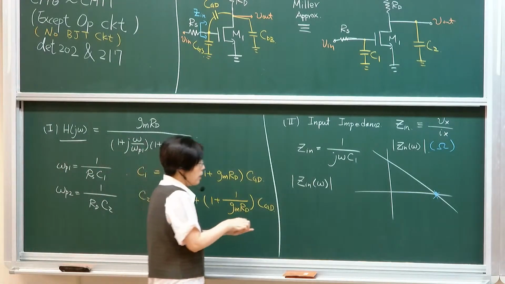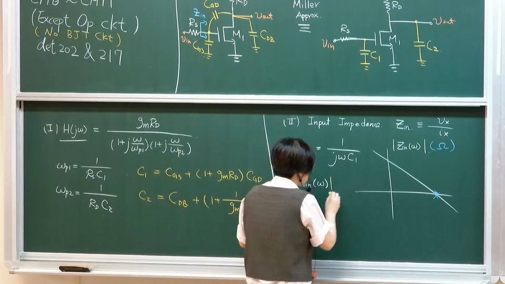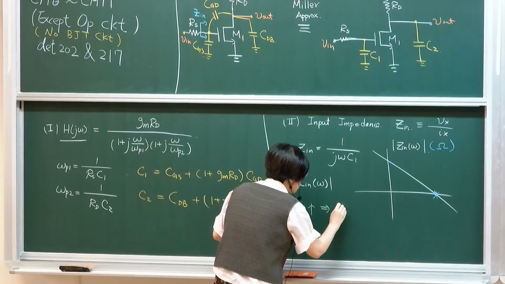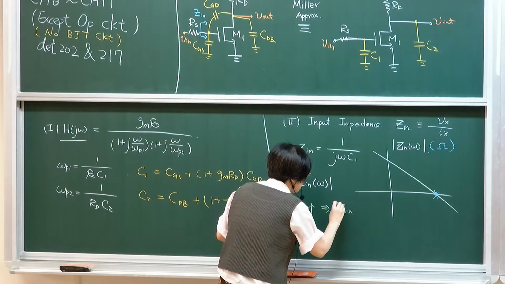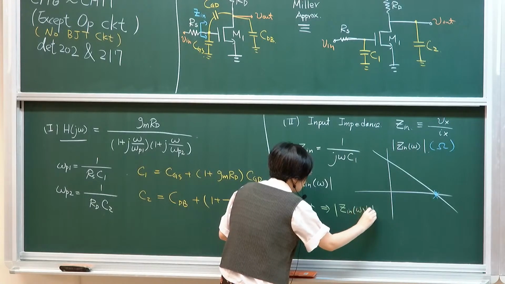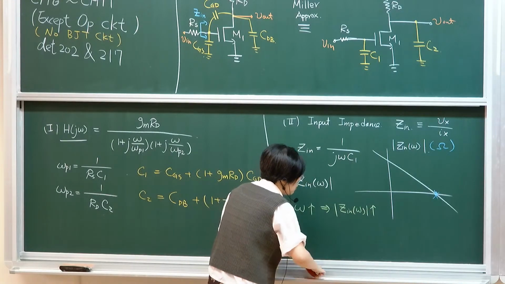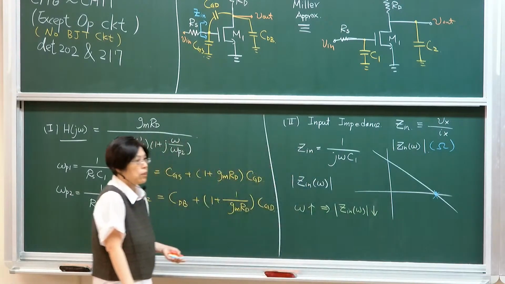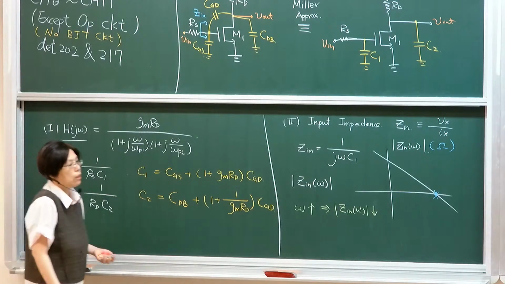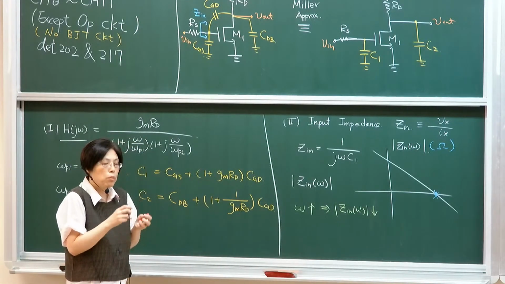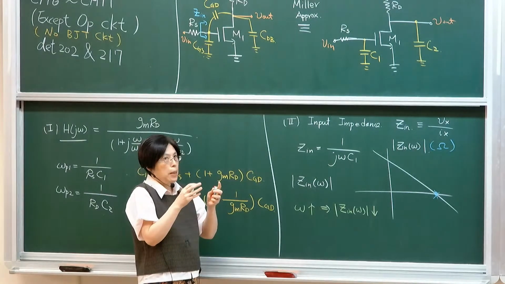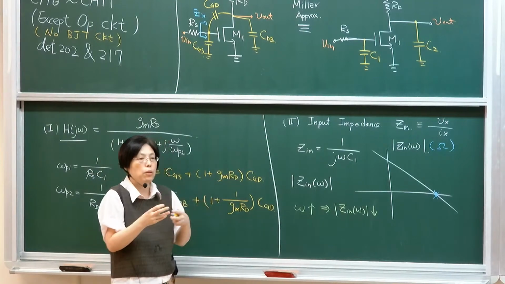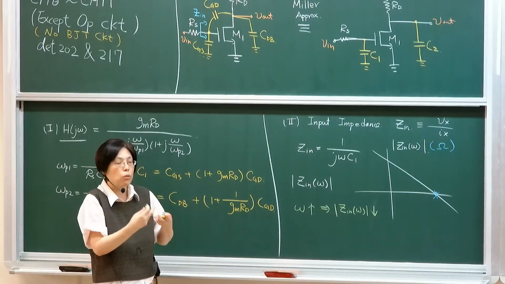The basic idea is that as frequency increases, the charging current increases, so input resistance decreases. We know that for an ideal voltage amplifier, you want infinite input resistance or input impedance.